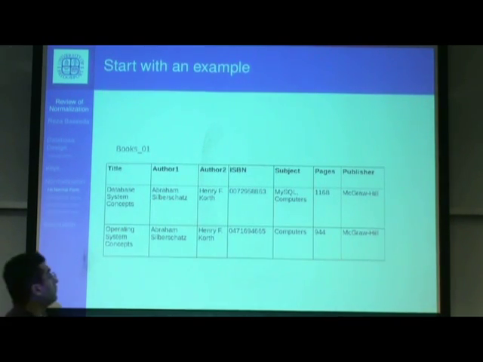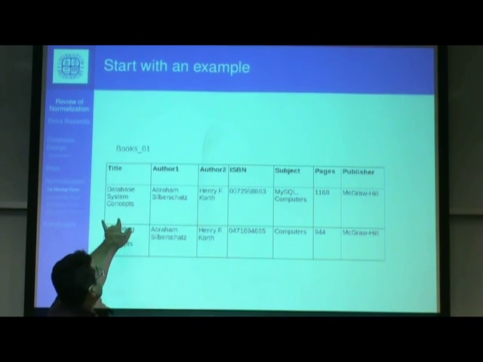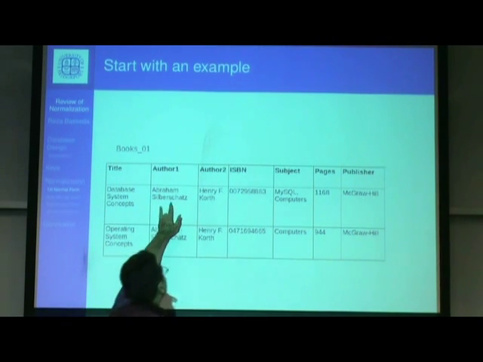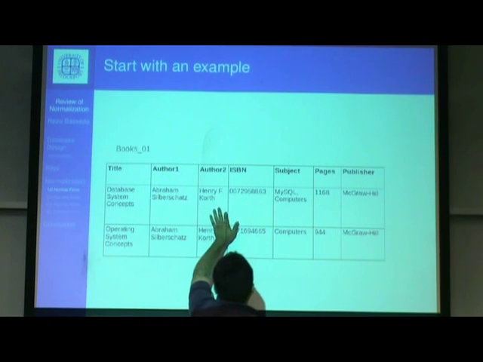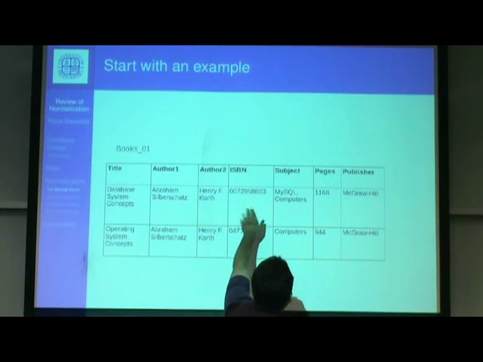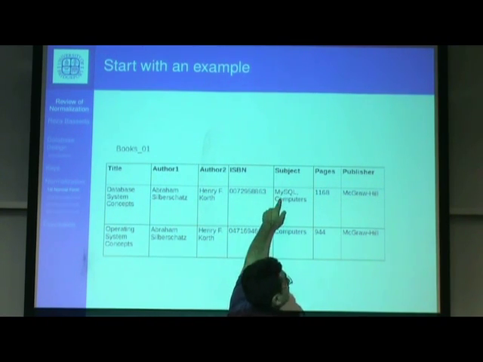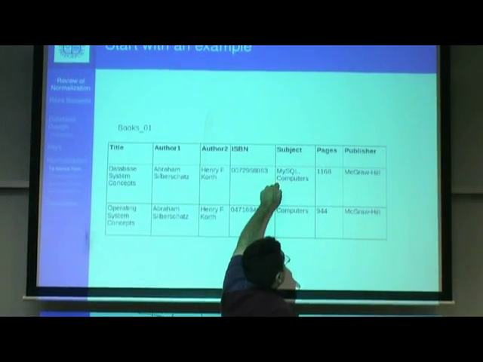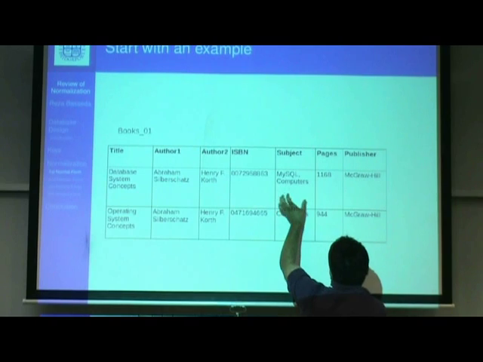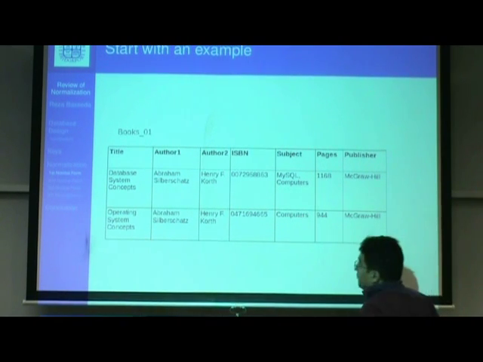Look at this table. We have books titled Database System Concepts and Operating System Concepts. The first author is Abraham Silberschatz. The second author is Henry Korth. This is the ISBN. There is a multi-value attribute over here, which shows the subject of the book, then number of pages, and publisher.